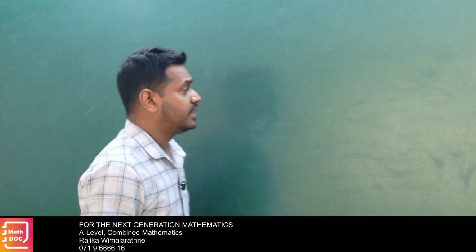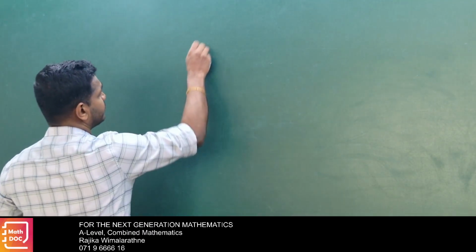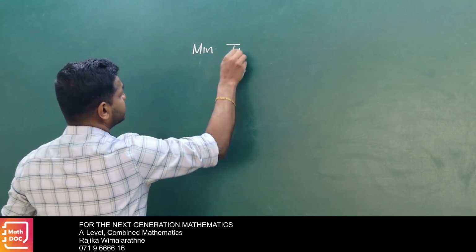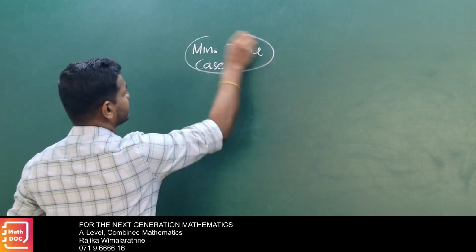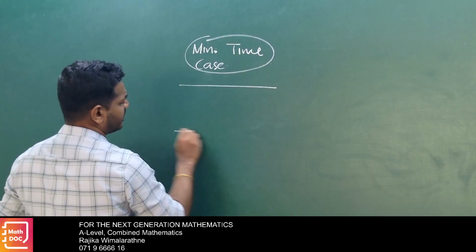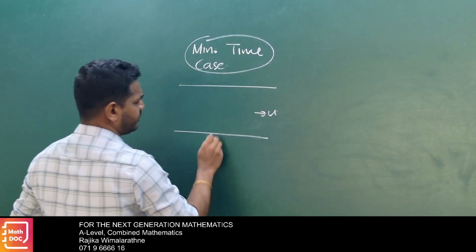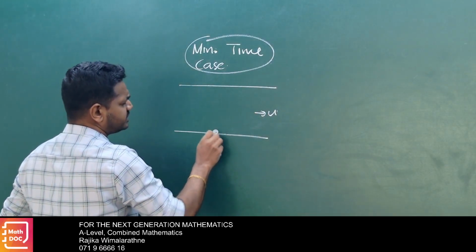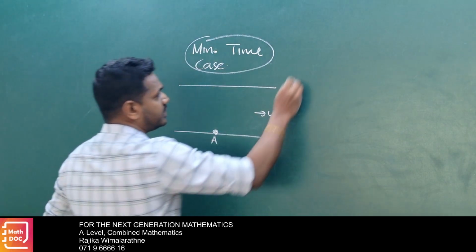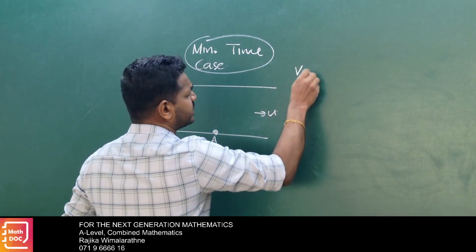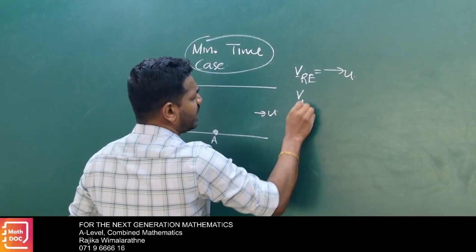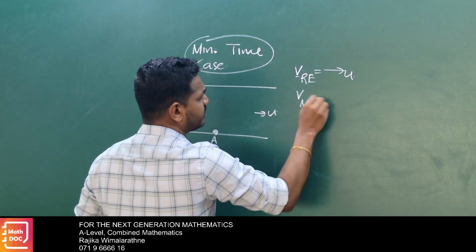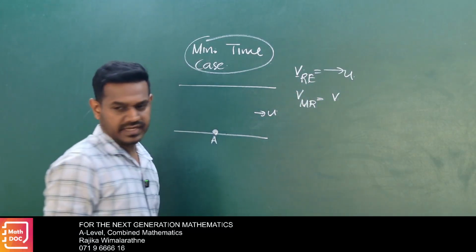Now, the minimum time case. Here consider a man starting at point A. The velocity of the river with respect to earth is given as u. The velocity of the man in still water, meaning with respect to the river, is given as v.